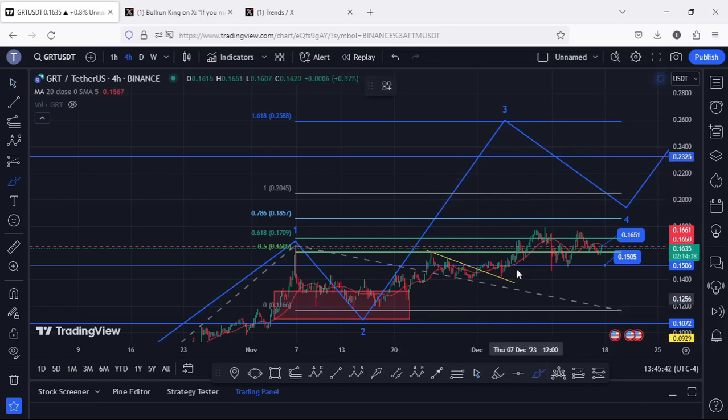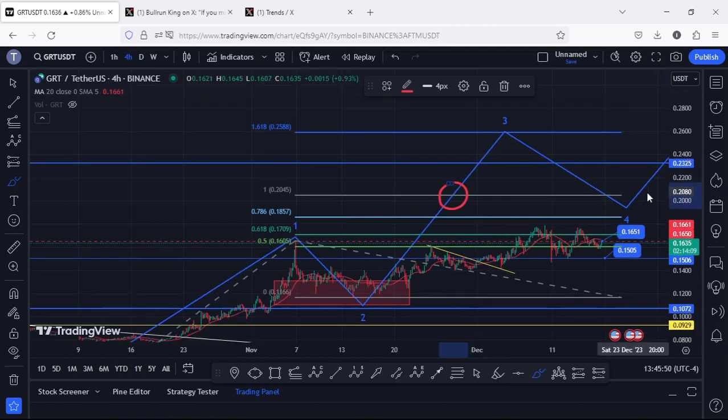So we can have our first target at the fib ratio 1:1, and that is at the $0.2045 mark. Then the next target area lies above the fib level 1.618, and that is at the $0.2588 mark. Those are the target areas that I have in the formation of that wave 3.